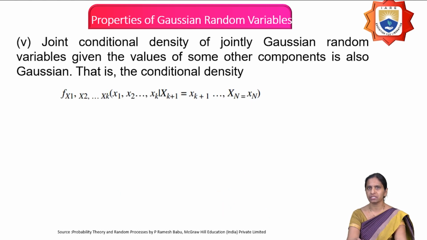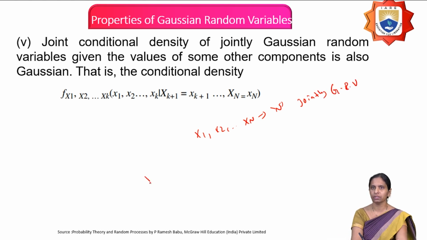The fifth property states that the joint conditional density function of jointly Gaussian random variables, given the values of some other variables, is also Gaussian. What does it mean? For example, x1, x2 and so on, xn are n jointly Gaussian random variables.